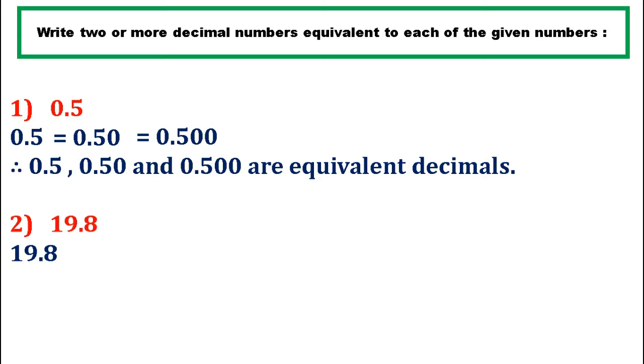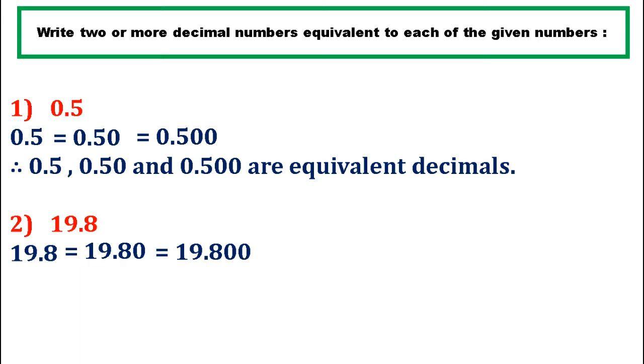So the first equivalent decimal number will be 19.80. Since 0 at the extreme right of a decimal point can be easily omitted, 19.80 can also be read as 19.8.